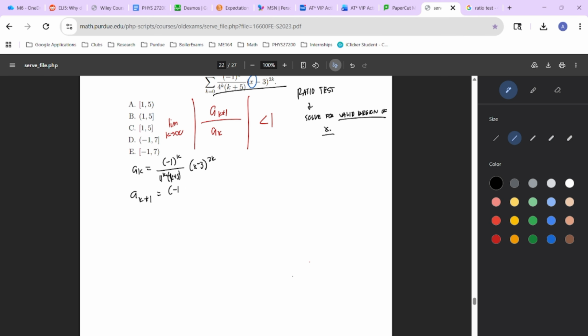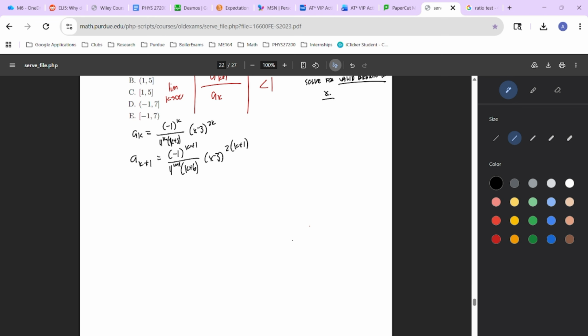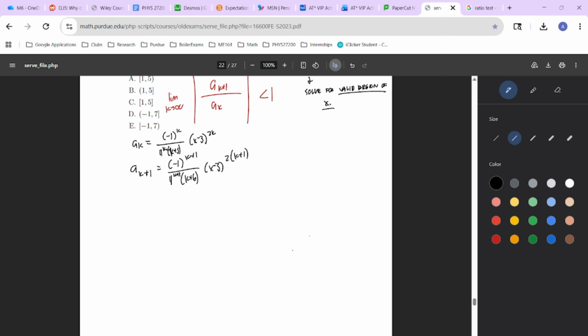That would be just adding 1 to k in every single instance. So that'd be 4 to the k plus 1 multiplied by k plus 6, then x minus 3 to the 2 times (k plus 1). Do not write that as 2k plus 1 on the test. Obviously, it's k plus 1 because the k is not attached to the 2. So you need to separate the k from the 2, then add the 1.